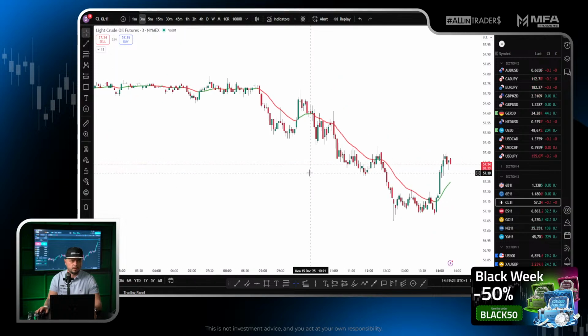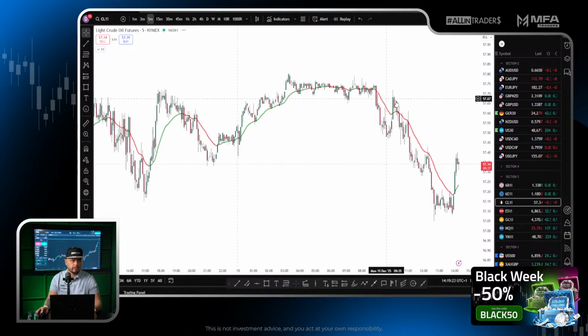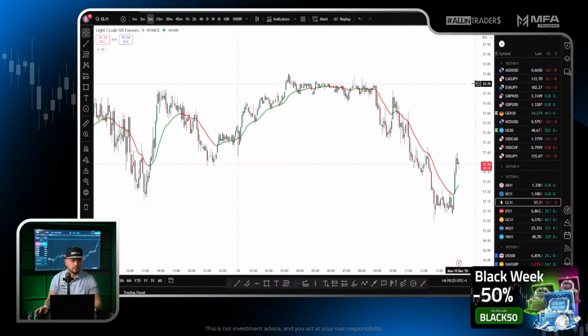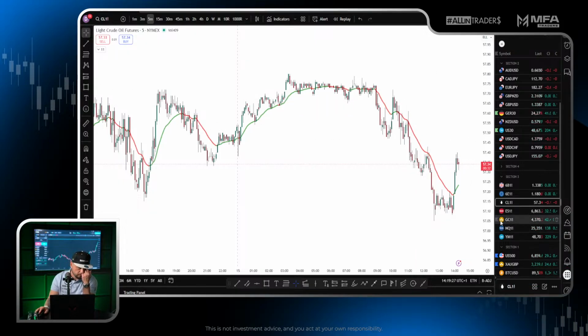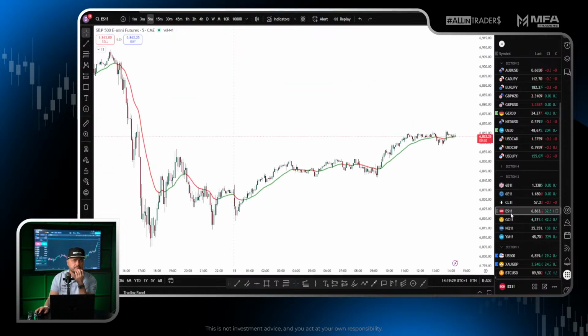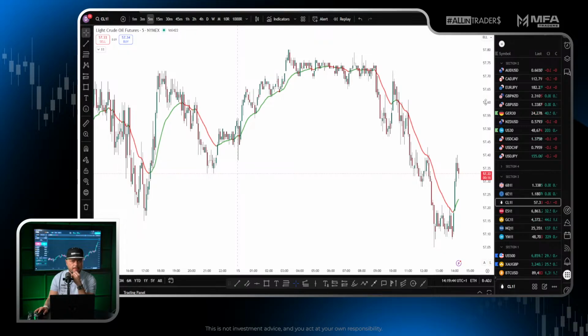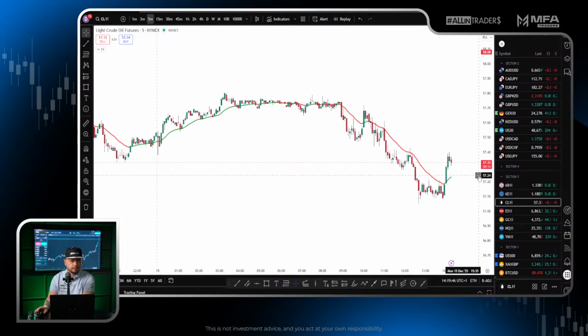Let's have a look at crude oil. Hmm, crude oil or S&P 500. Which one is closer to position first, second? Maybe gold. Maybe gold.